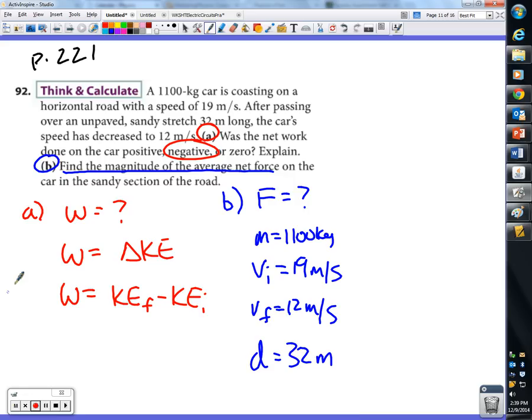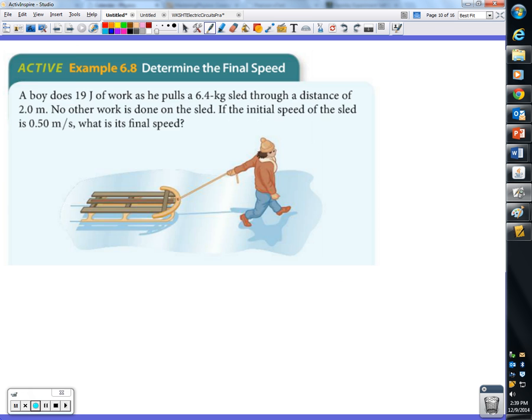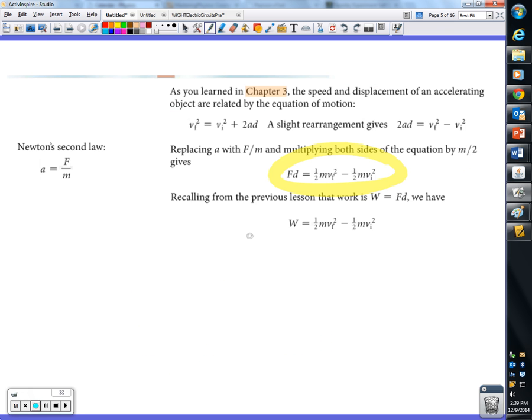We learned that the amount of work done on an object is equal to its change in kinetic energy, and that to calculate the change in the kinetic energy, we need to know KE final minus KE initial. Going back to the derivation of that relationship, we ended up here.